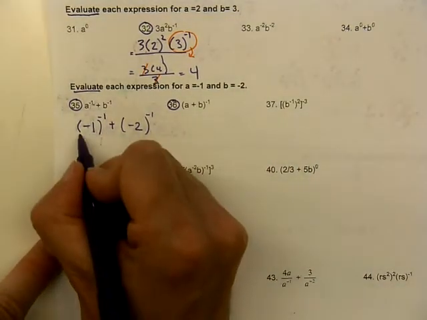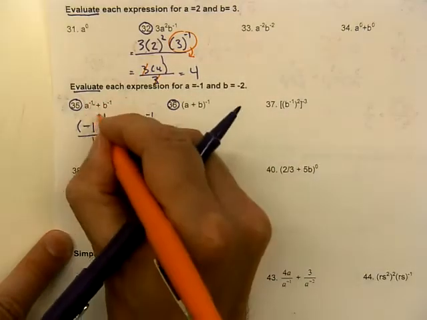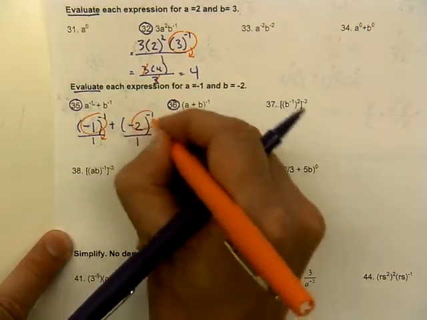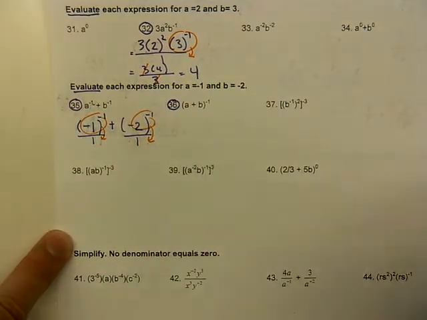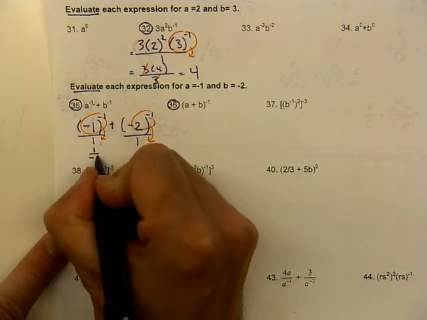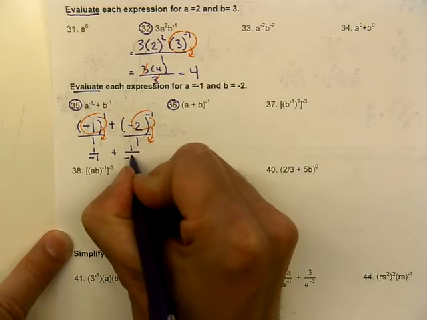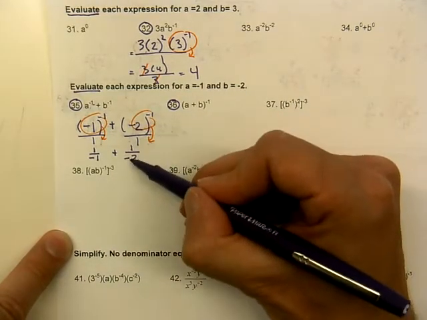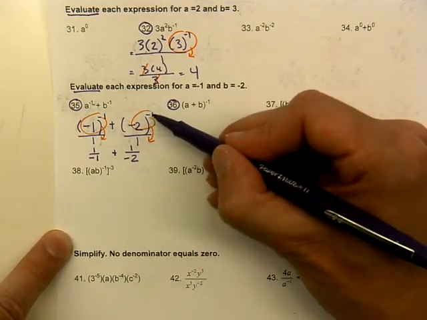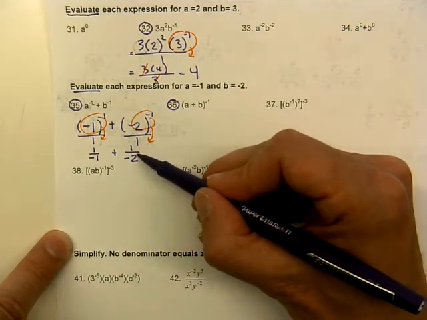So what that means is each of these are independent terms, and each base has to be moved across its own division bar. So here you have a result of 1 over negative 1, and we'll add that with 1 over negative 2. So remember, the sign on the base doesn't change. It's just the sign on the exponent that changes. So now that exponent is a positive 1.